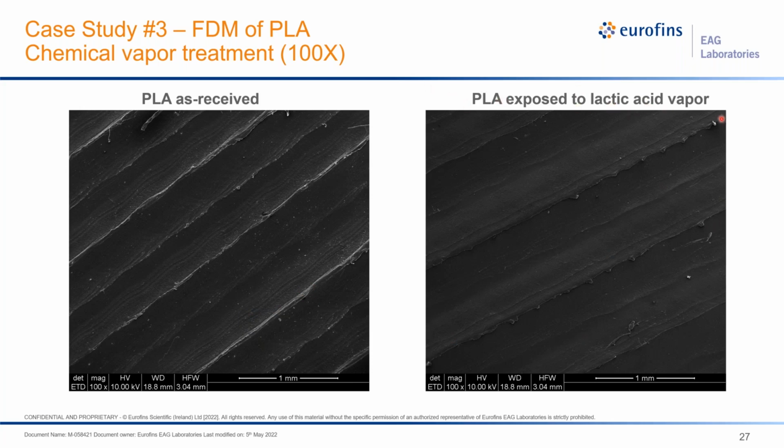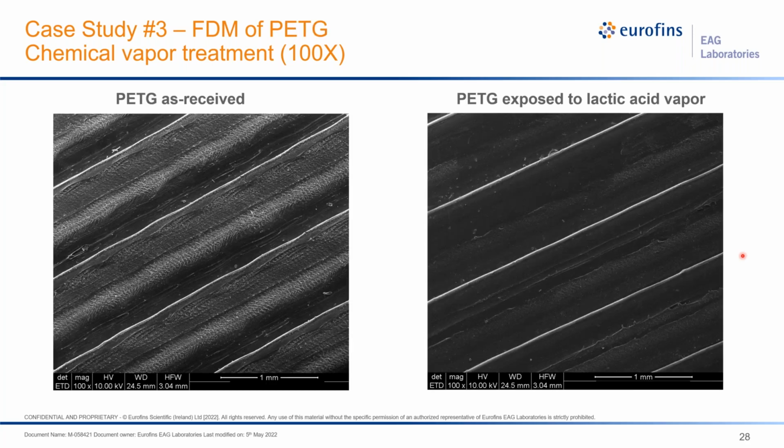They kind of like each other, and so a lot of these ridges that you see on top are kind of smoothed out. We also did it to another polymer, PETG, and you can see that even more dramatically. All the surface roughness goes away due to the vapor from the acid. So this is actually a really nice idea for smoothing the surface of a 3D printed part. Simply expose them to acid vapors.